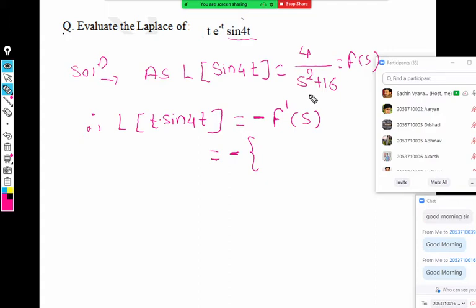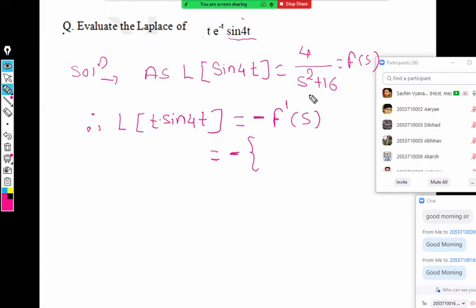I have written derivative. Dash means derivative. It's not integration. Minus 1 into s square plus 16 into 2s. Not correct. Not s square plus 16, but 4 upon s square plus 16 whole square into 2s. Into 2s, but you missed the minus sign now. So everyone gave a wrong answer.